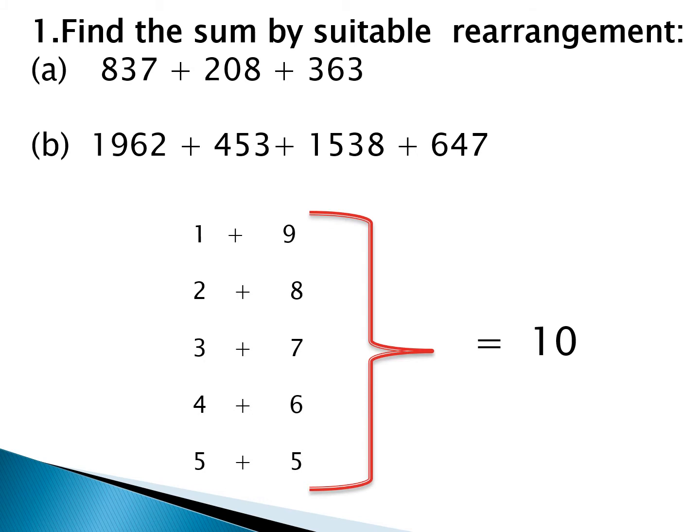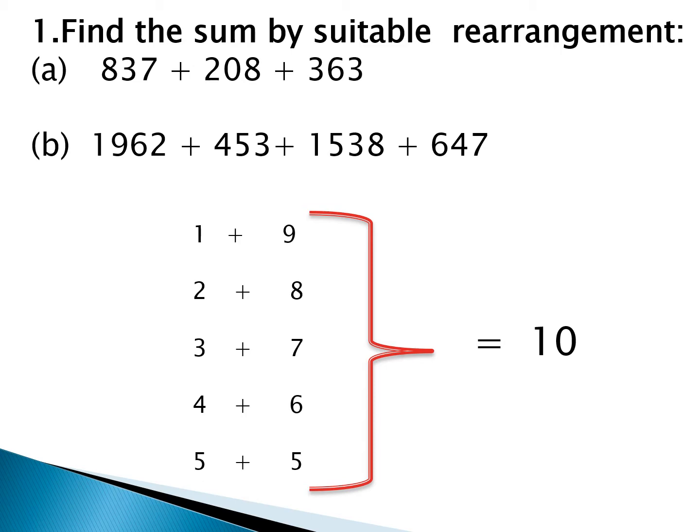I'll explain how. Suppose there are two numbers. If the digit at ones place is 1 in one number, it should be 9 at ones place in another number, so that when you add those terms, it will give you 10, or in other words 0 at ones place. If the digit at ones place in one number is 2, then what should be added to 2 to get 10? Yes, the digit at ones place in another number should be 8.